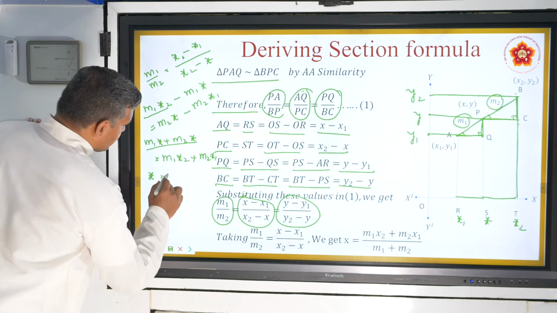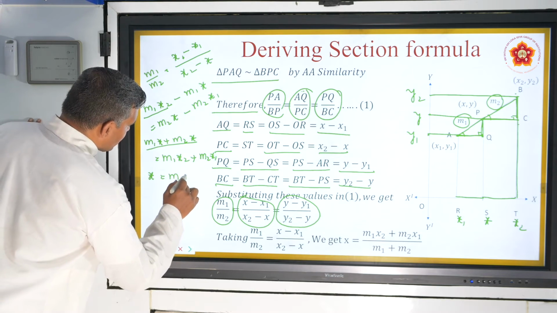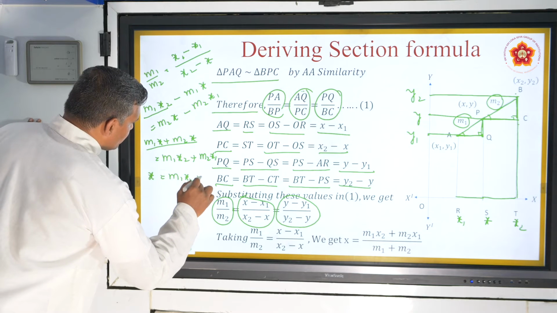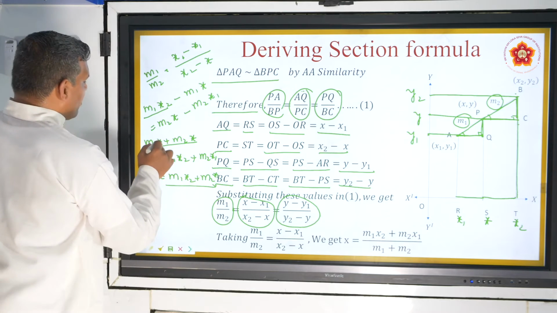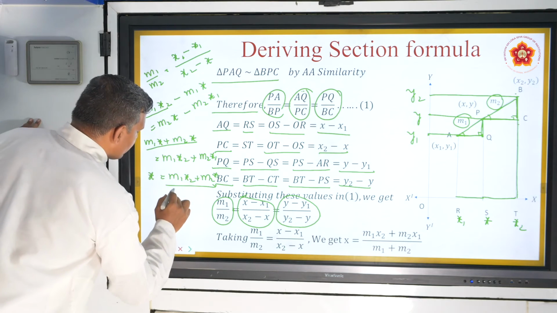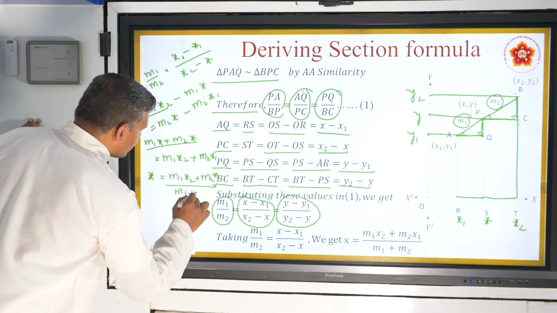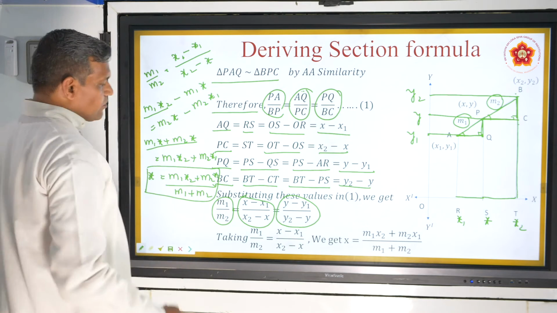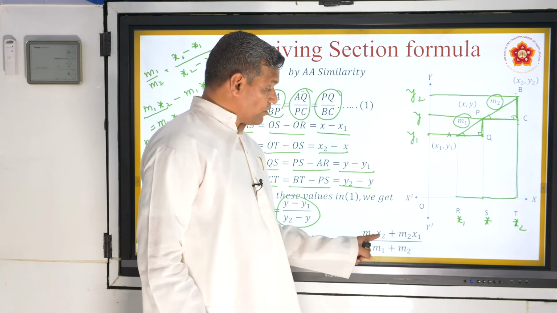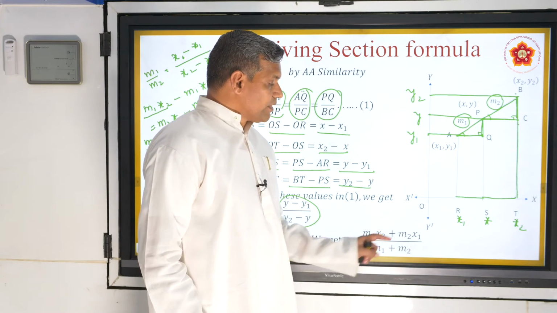What you have in RHS is m1 x2 plus m2 x1, divided by what else? After taking common, what remains? m1 plus m2. So that's your answer. x is equal to (m1 x2 plus m2 x1) by (m1 plus m2).